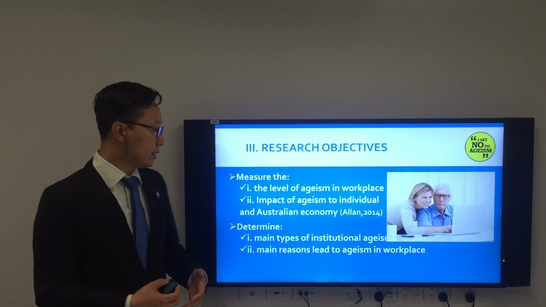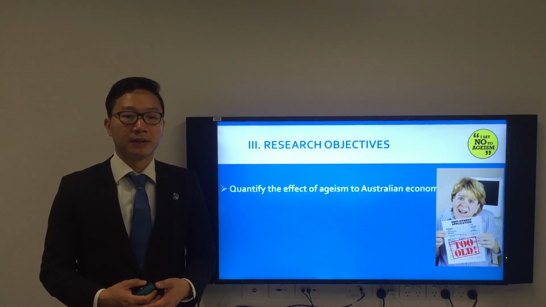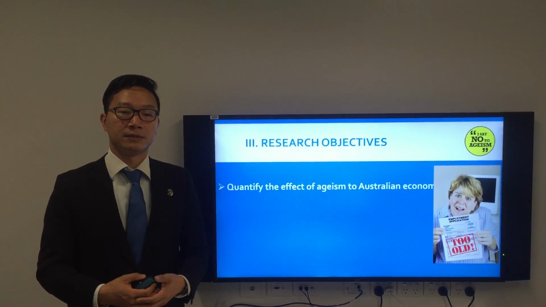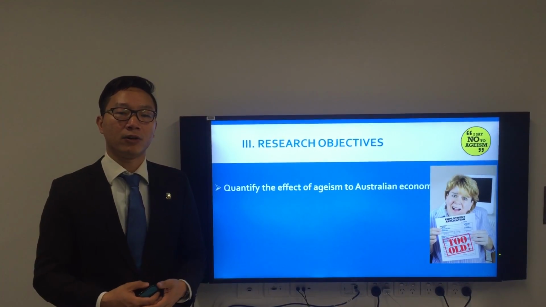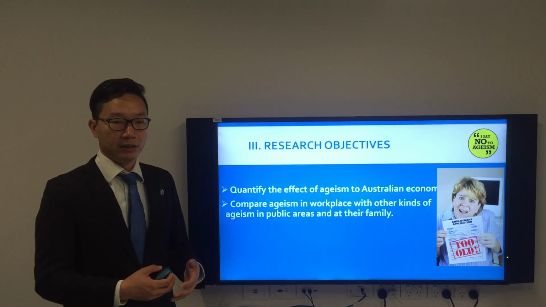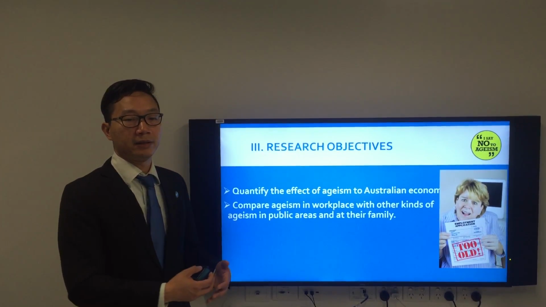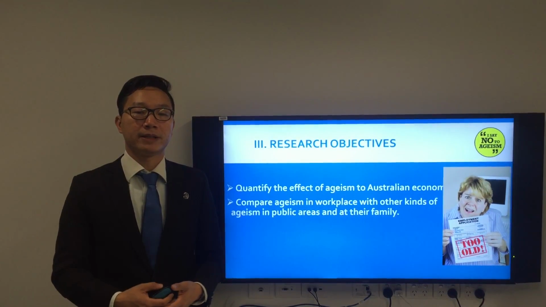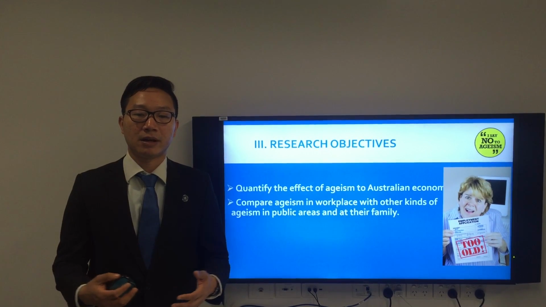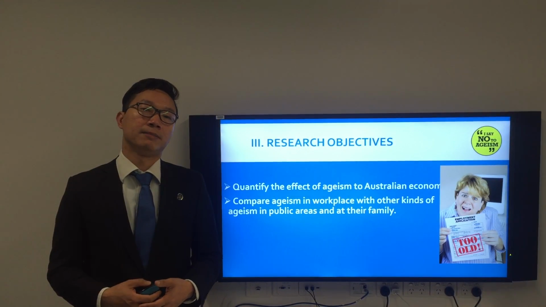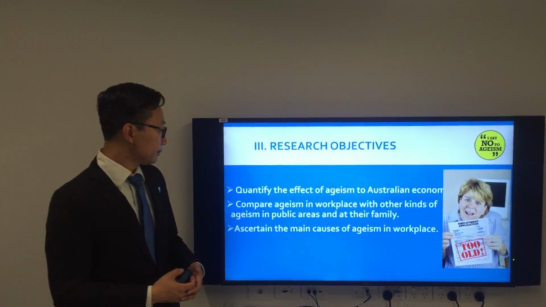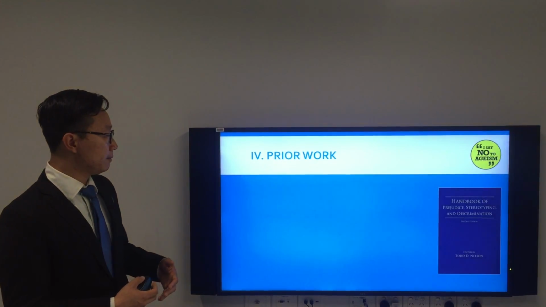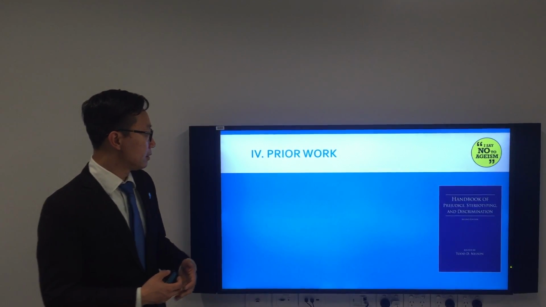Another objective is to quantify the effect of ageism in the workplace on the Australian economy. Finally, it is to compare ageism in the workplace with other cases of ageism in public areas or in the family. So now let's move on to the next part.